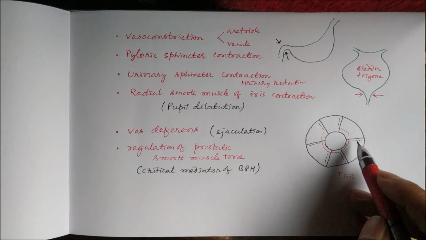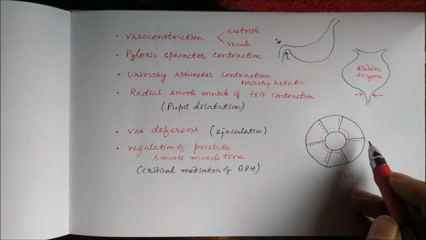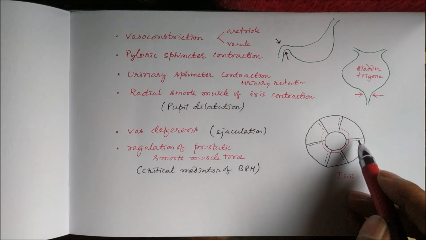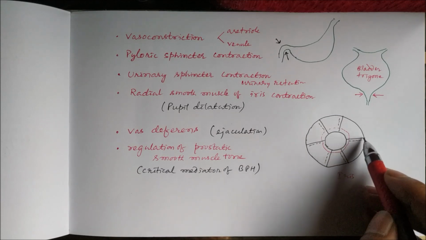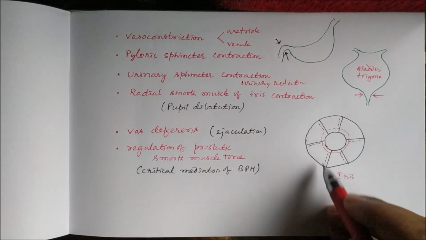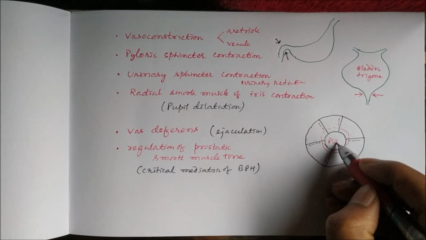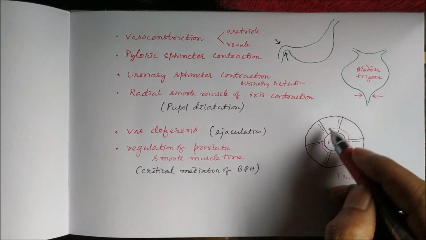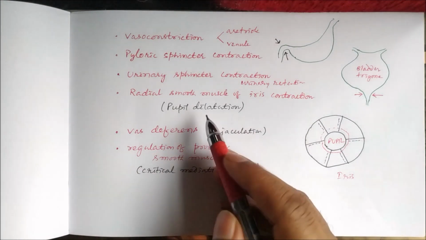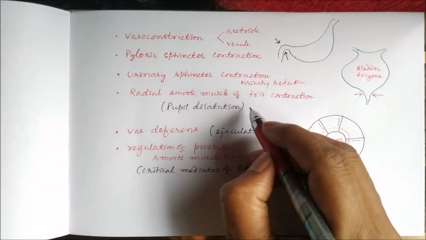Here also the alpha 1 receptor is there, and because of alpha 1 receptor stimulation there will be contraction of the radial muscle. Because of contraction of the radial muscle, the pupil size will increase, that is, pupil dilatation or mydriasis.